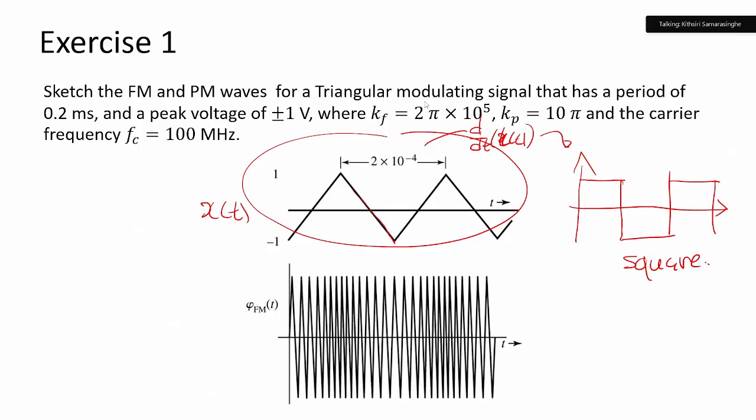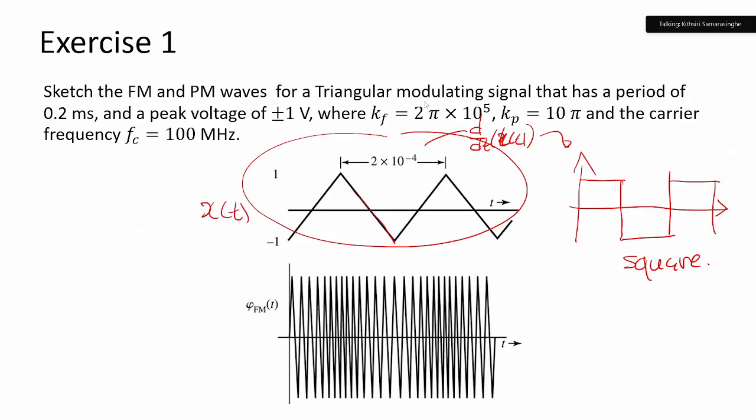If I take a modulating signal and differentiate it with respect to time, and then that signal, if I feed into a frequency modulator, what will be the output?